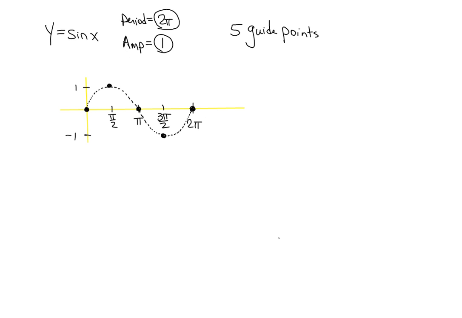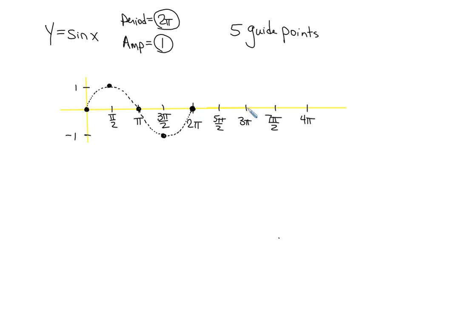Because this is a periodic function, what would then happen, if I extend this out, is we could go that same distance, 4 more units. Pi over 2, 2 pi over 2, 3 pi over 2, 4 pi over 2, 5 pi over 2, 6 pi over 2, which is 3 pi, 7 pi over 2, and 8 pi over 2, which is 4 pi.